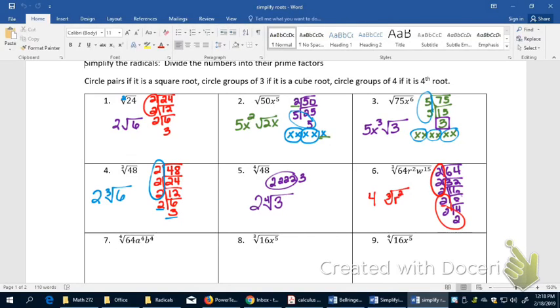That means there's going to be 5 groups of 3 w's. So there's going to be a w to the 5th outside here, and there's not going to be any w's left over. Now, if that makes no sense, write out the 15 w's and circle every 3 of them, and you're going to have 5 groups. No big deal. Okay? Any questions?